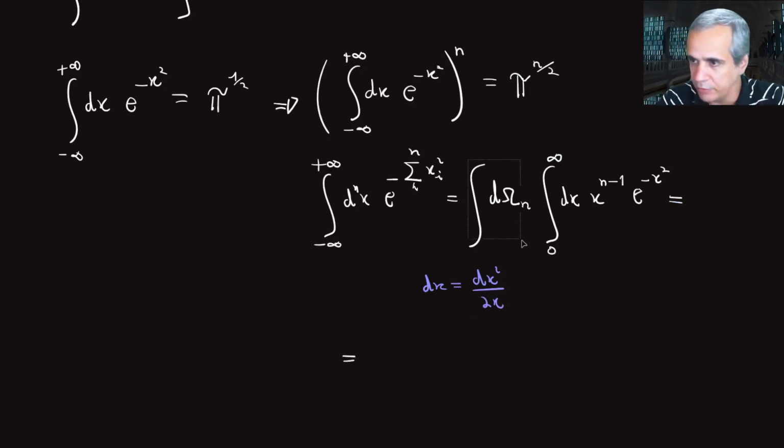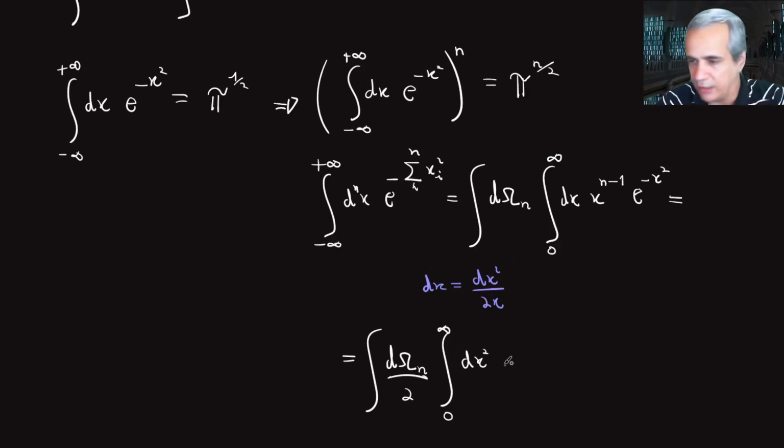I have d omega n and an integral from 0 to infinity of dx squared. This changes the power of this. Let me put this factor of half out here.